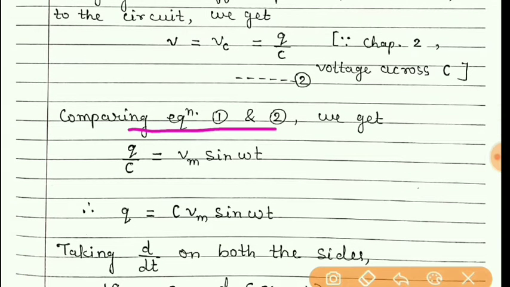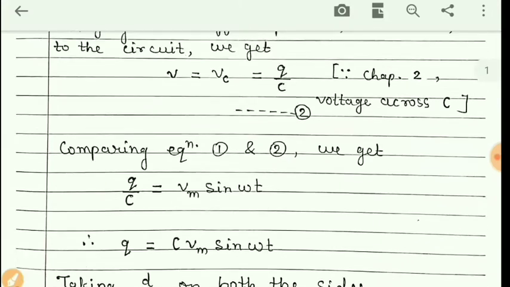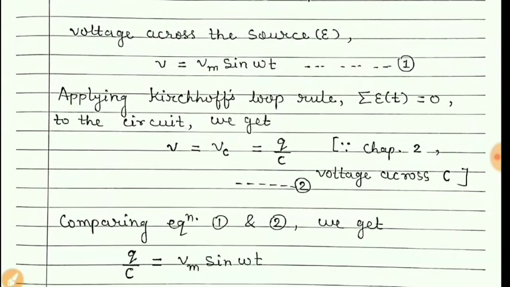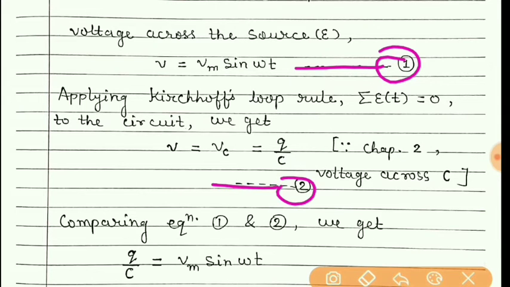Now comparing equation 1 and 2. Once again students, look here, both the equations. This is the first equation, this is the second. So we can compare both the equations.